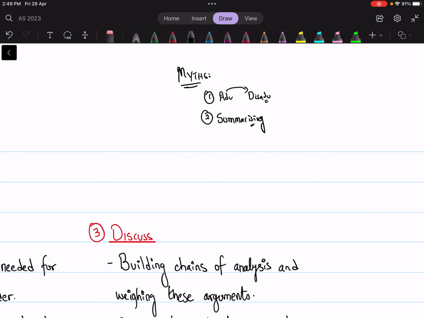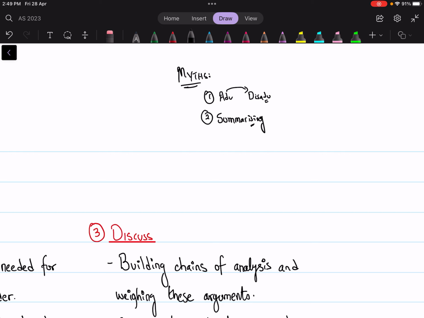So if this is point number 1 and this is point number 2, I would suggest that you evaluate this point separately in this paragraph, evaluate this point separately in this paragraph, and then bring an overall conclusion in the very end. So you'll be evaluating your answers throughout. I've often noticed students leave evaluation for the end, but that is very dangerous.